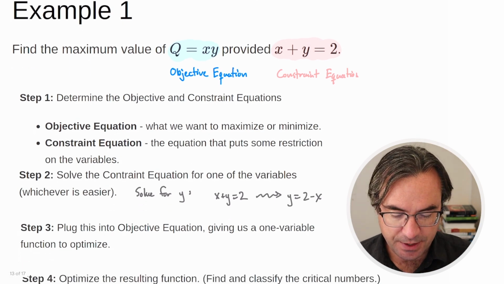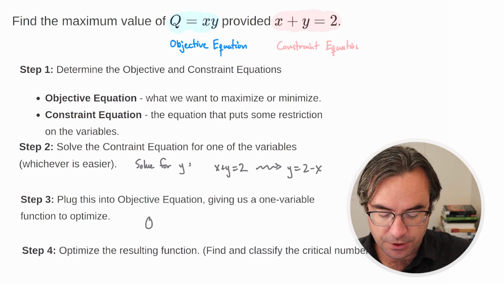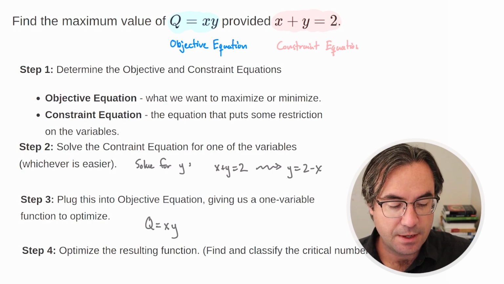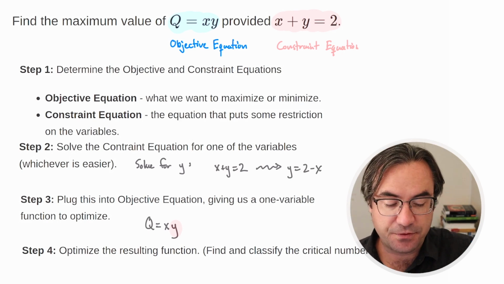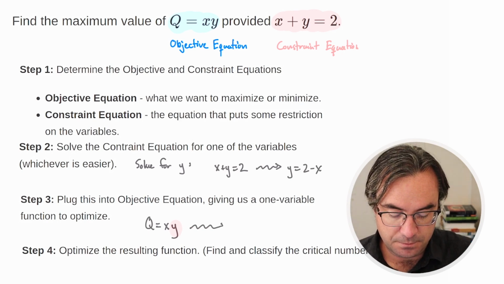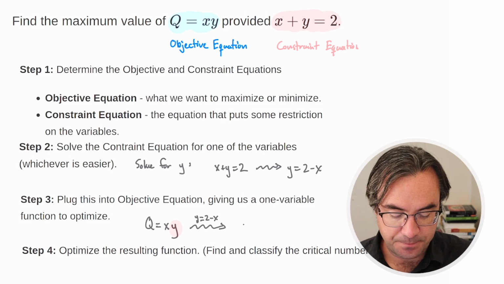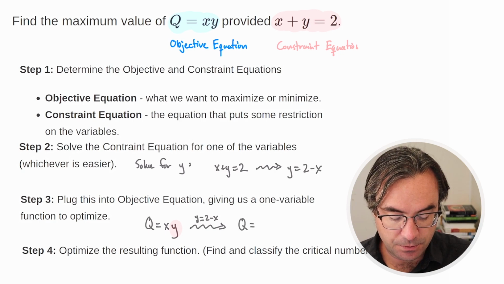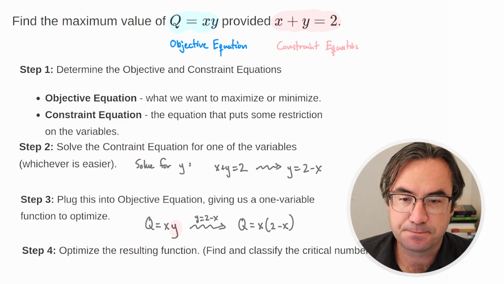So let's see what that would look like. Our objective equation is x times y, and we're going to replace that y with what we just found. So we plug that in, and that gives us q is equal to x times 2 minus x.